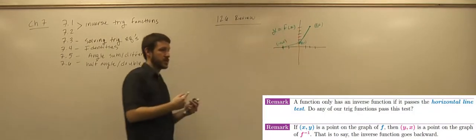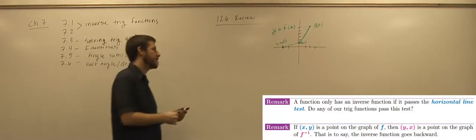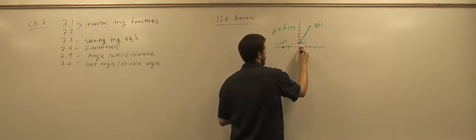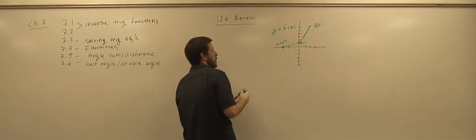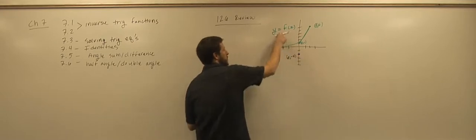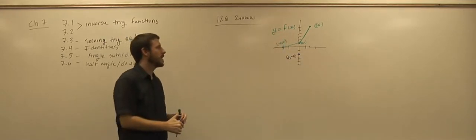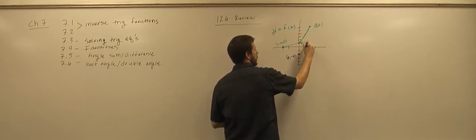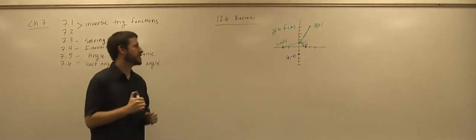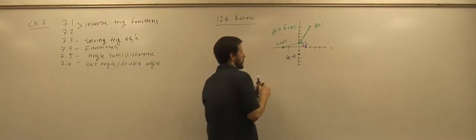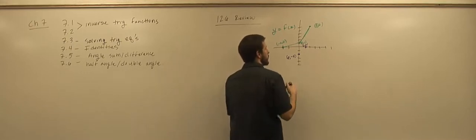X and y switch. Okay, so the inverse function, one way of thinking of it is that x and y switch. So instead of having (-2, 0), you're going to have (0, -2). On the inverse function, this point switches down here. See, these guys just got flipped. And instead of having (0, 1), you're going to have (1, 0). And instead of having (2, 6), you're going to have (6, 2).